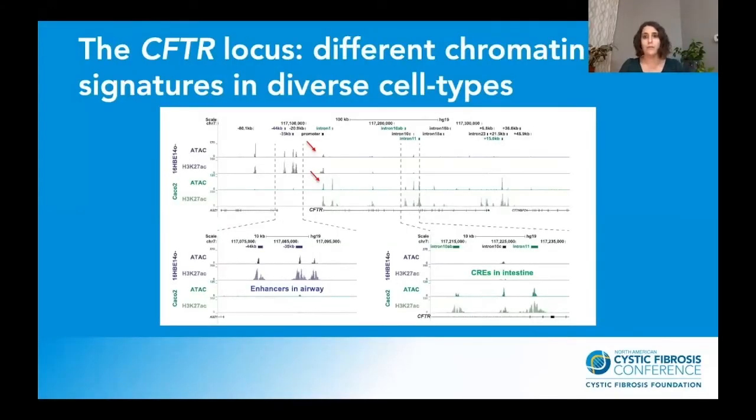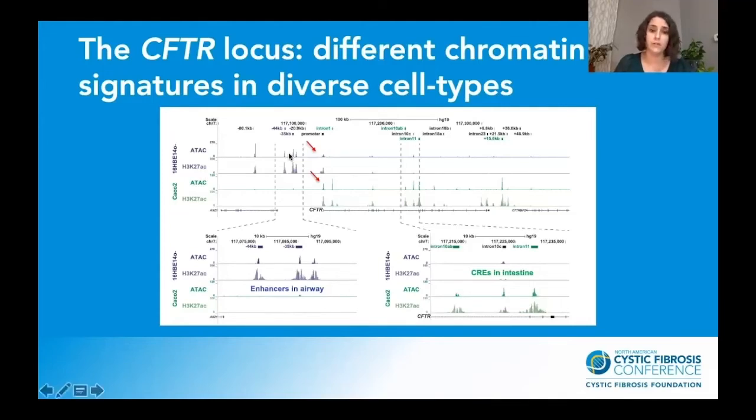So a main focus of the Harris lab is the identification and characterization of different cis-regulatory elements in the CFTR locus and trying to understand how these are important for regulating CFTR expression in different cell types. This is best demonstrated by looking at the open chromatin profiles of CFTR in different cell types, as measured by ATAC-seq, and also by looking at the histone modification for an active enhancer, H3K27 acetyl.